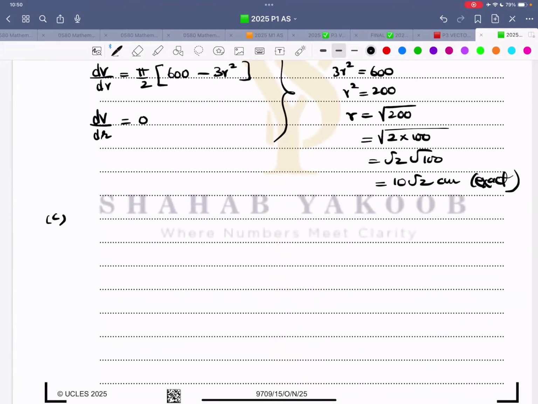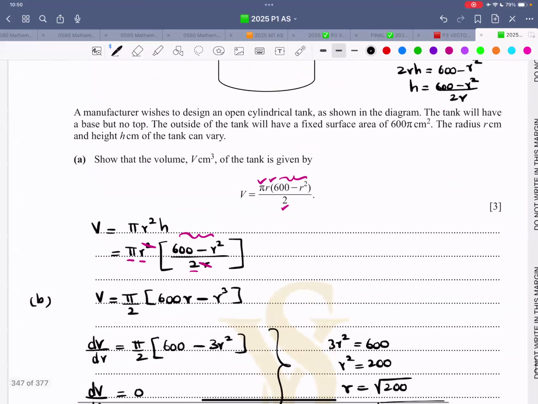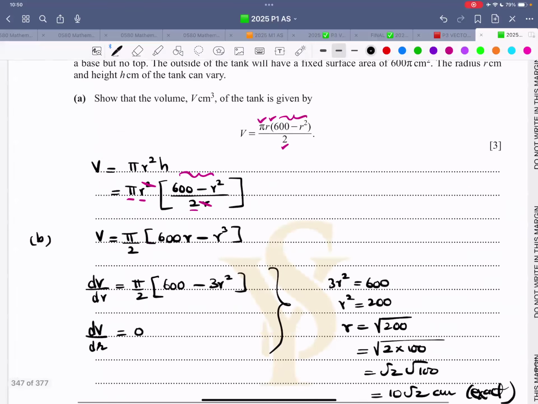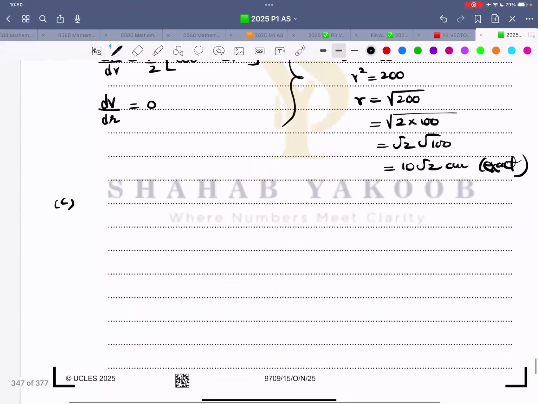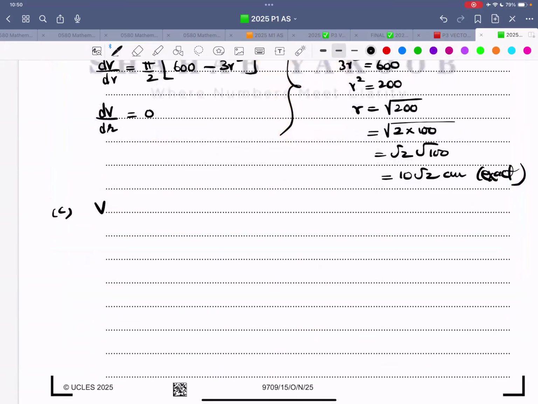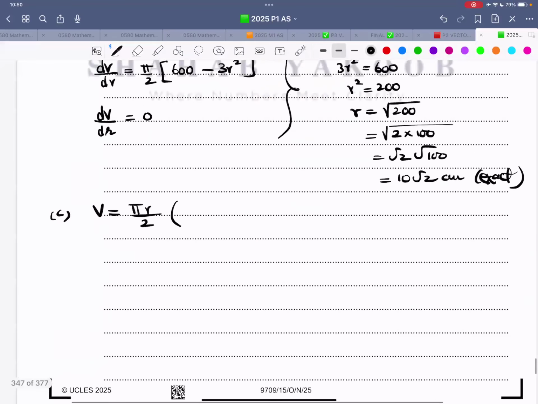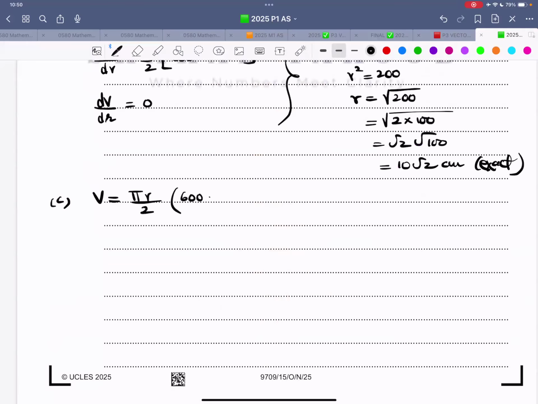Let me just do part C in the same flow over here. That is the value of V. So V is pi r over 2, 600 minus r squared.